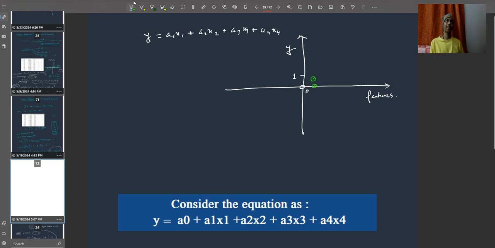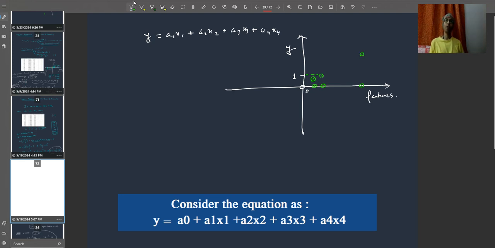Also, let's say the point is here. Now this means y goes till here. Here also there is not a problem. Maybe it is touching very close to 1, but it is not crossing it. But what happens if the feature set is here? It might be possible that y comes somewhere here.